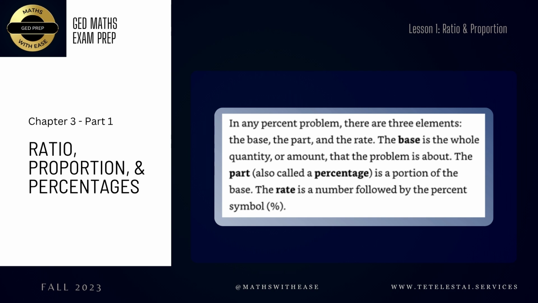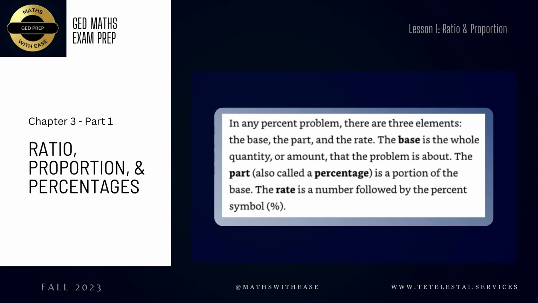And then the rate is a number that's followed by the percentage symbol. So in the case of our example here, 2/3 would equal 66%. So we could say another way of representing that circle is that 66% of it is grayed out.